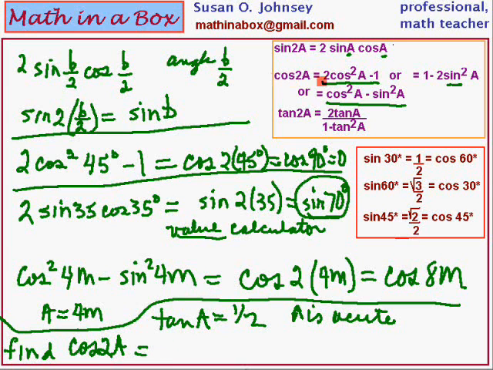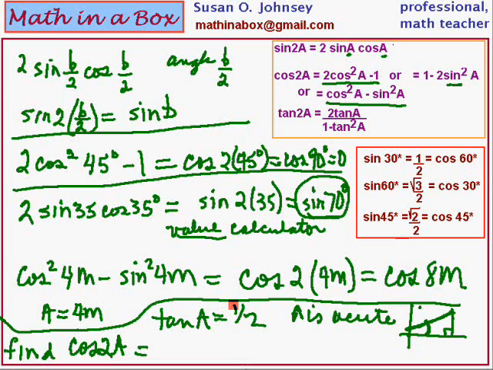Well, if we look up here, the three formulas that I have for the cosine of 2a do not use the tangent. We're going to have to either find the sine or the cosine of a. So let's draw that. Acute angle, that would be in the first quadrant. Your first quadrant angle is here. That's angle A. Then drop it down and draw your right triangle.